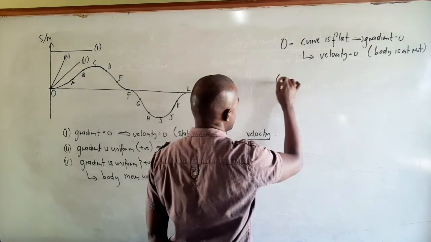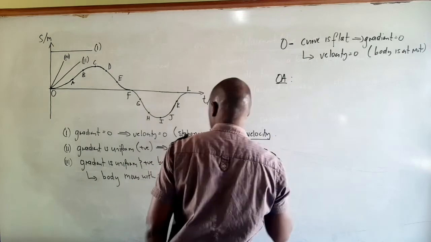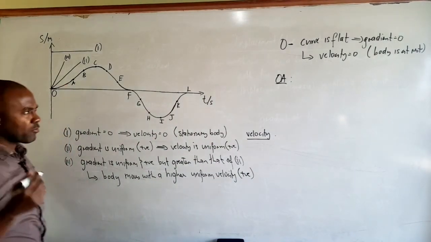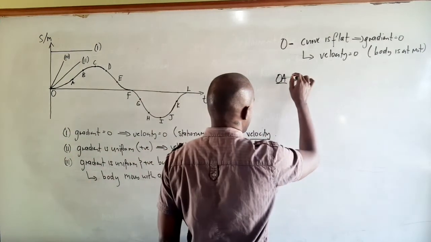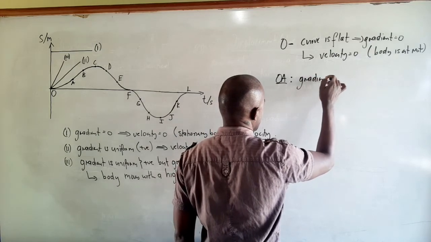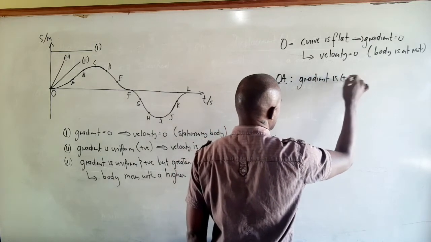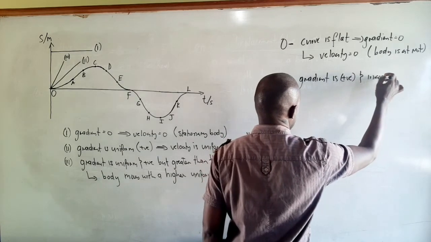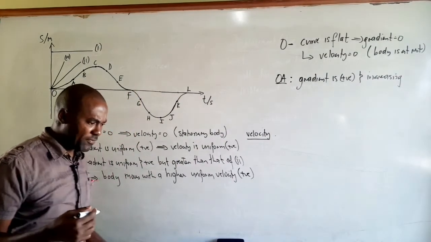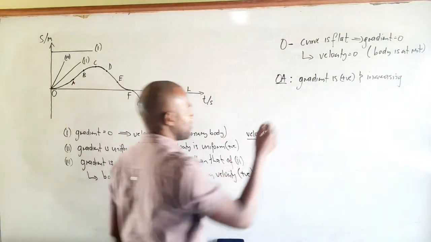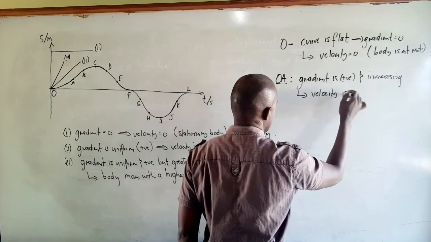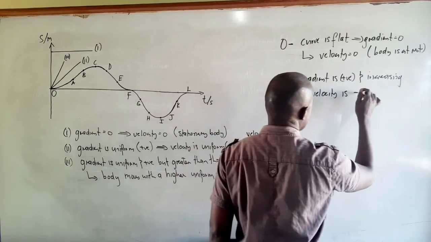Now, OA: the graph starts to curve upwards, and so the gradient is positive and increasing. And since the gradient of a displacement-time graph gives velocity, this means that the velocity is positive and increasing.